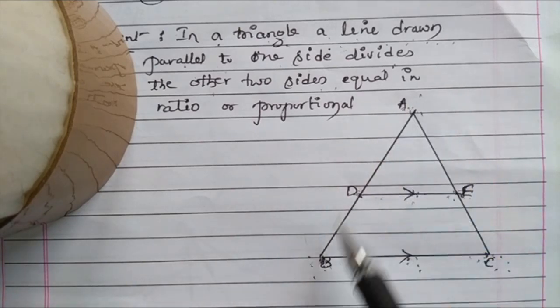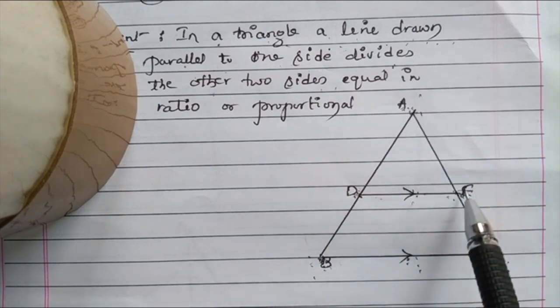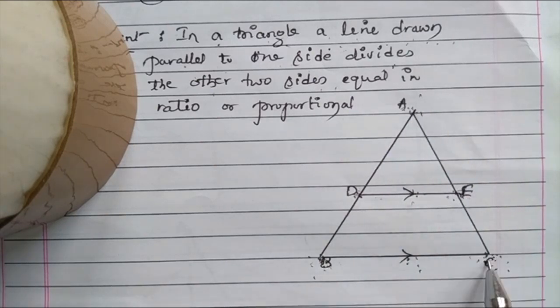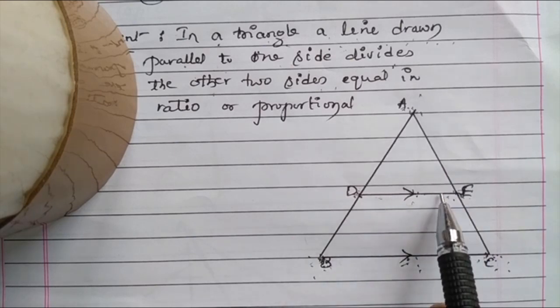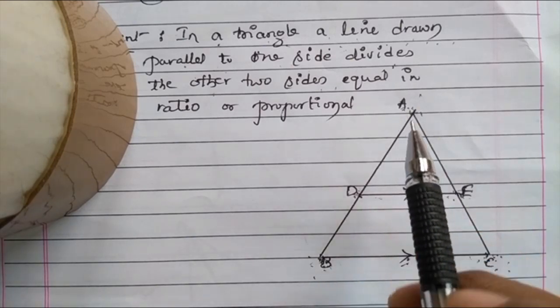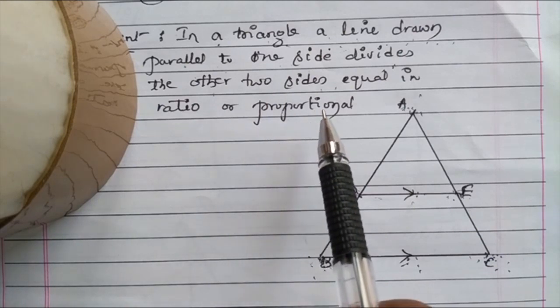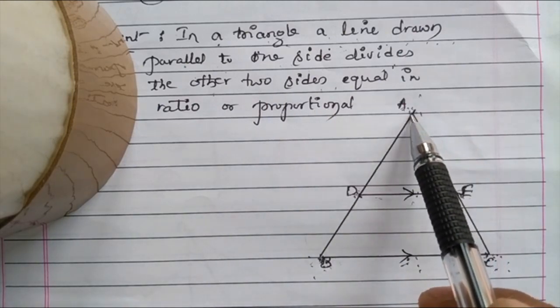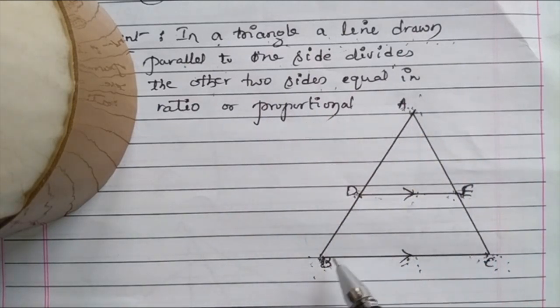So now AB side is divided into AD and DB segments. AC side is divided into AE and EC segments. But BC side is not divided because for that, DE is drawn parallel. So now our result to prove will be AD is to DB is equal to AE is to EC.